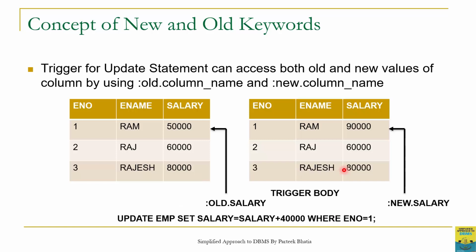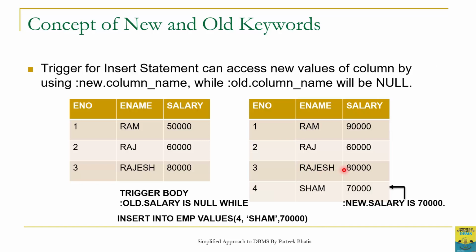So we can conclude that a trigger of update statement can access both old as well as new values of the column by using keyword "old dot column name" and "new dot column name", while a trigger for insert statement can only access new values by using the keyword "new dot column name", while "old dot column name" will return null values.